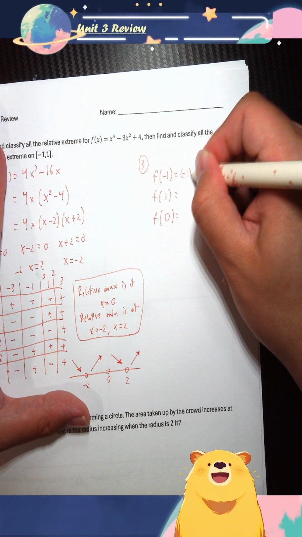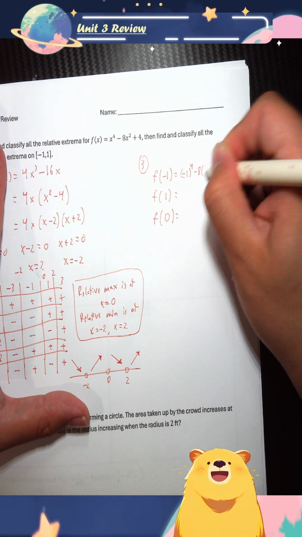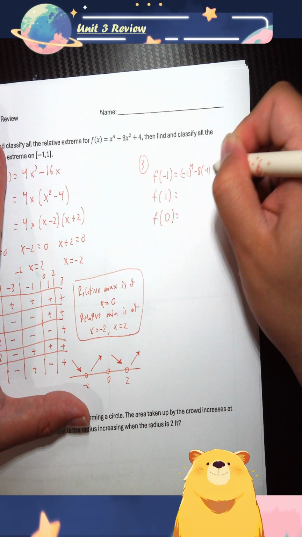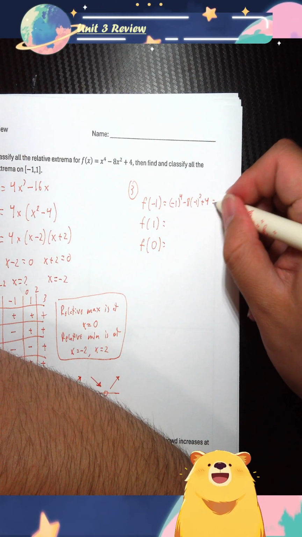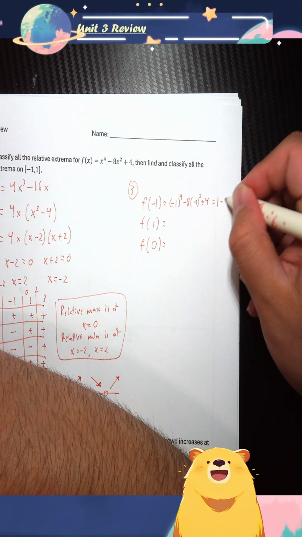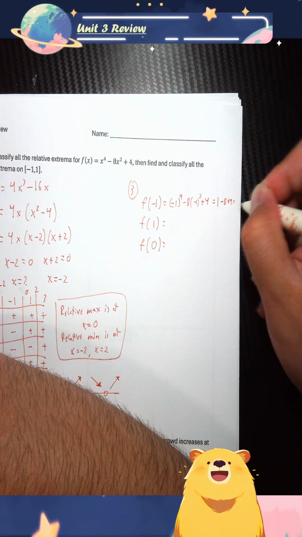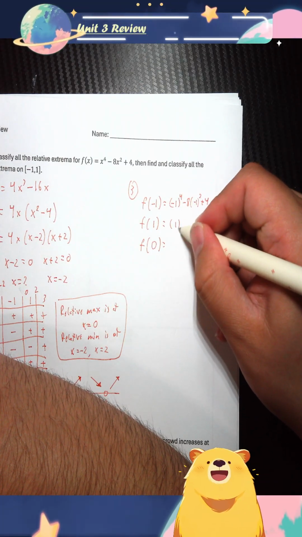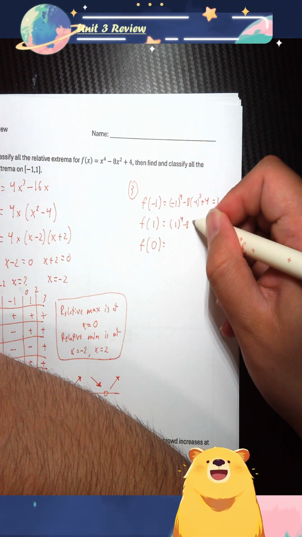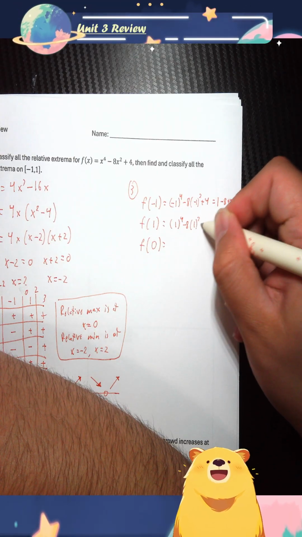We got -1 to the power of 4 minus 8 times -1 squared plus 4. That's going to be 1 minus 8 plus 4. That's going to be a -3. For the 1, we're going to actually encounter the same thing.